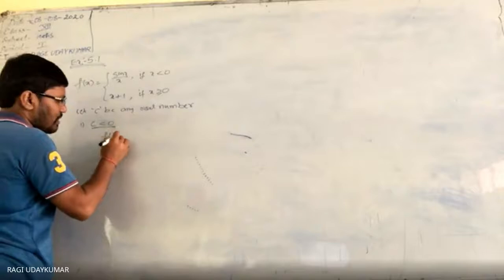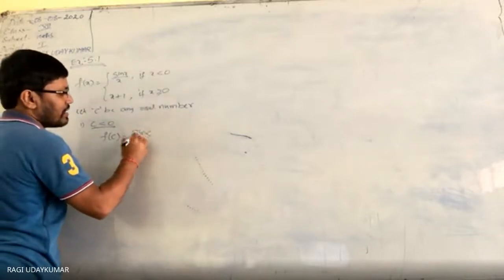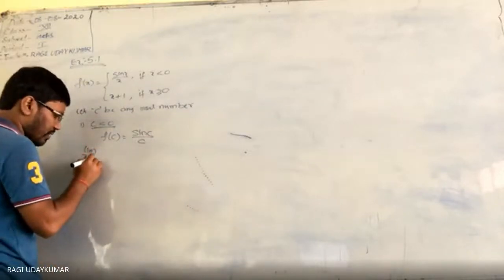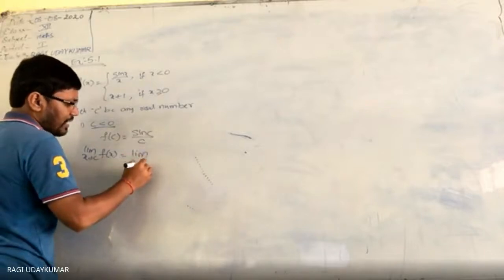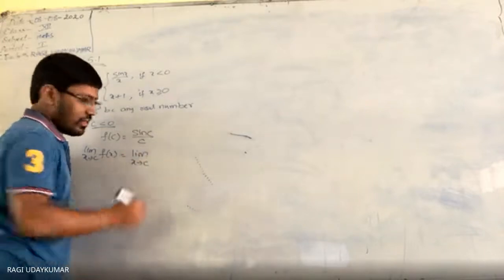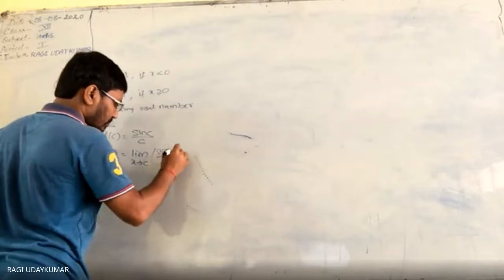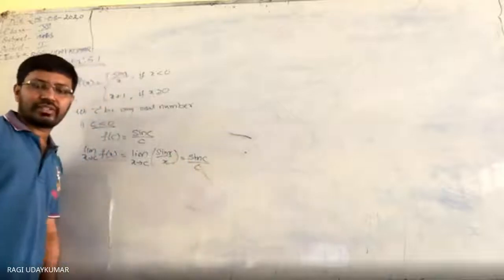So f of c means sin c by c. So limit x tends to c, f of x is equal to limit x tends to c sin x by x, which is equal to sin c by c.